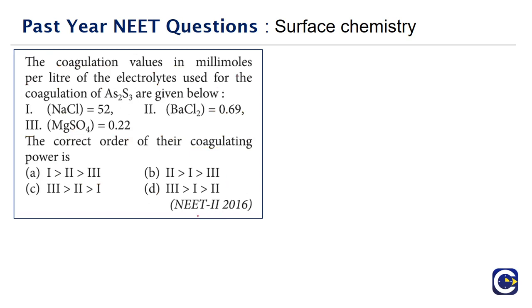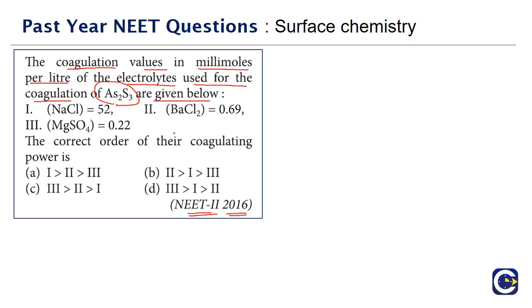Next we have a question that has come in the NEET paper 2 2016. The coagulation values in millimoles per liter of electrolyte used for the coagulation of As2S3 are given below.